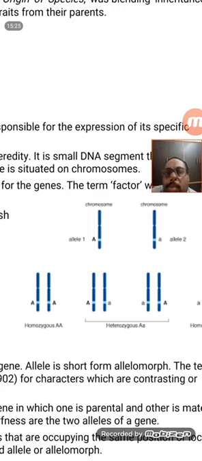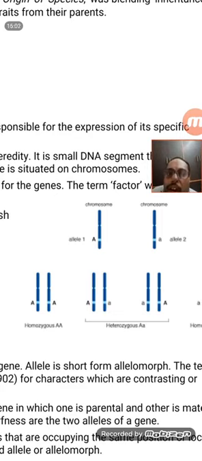And the location or position of that allele in a chromosome, we call it the locus. That means the place inside a chromosome where these alleles are located is called the locus. In some cases the alleles may be capital A, capital A. If it is expressing the same form, capital A and capital A, we call it homozygous.